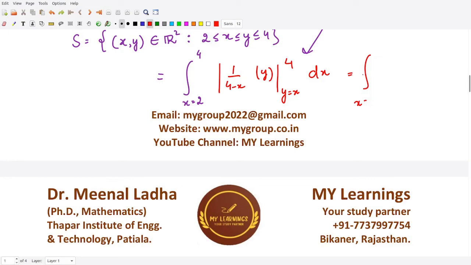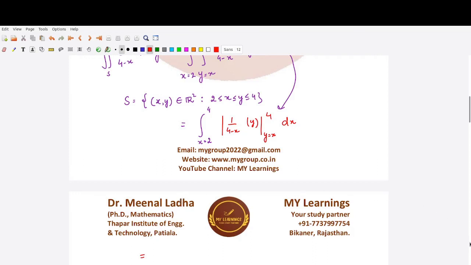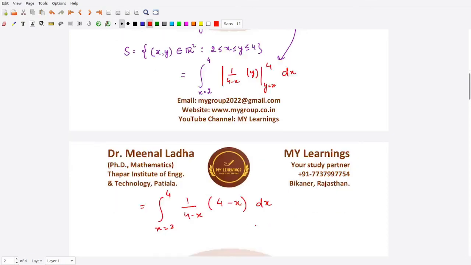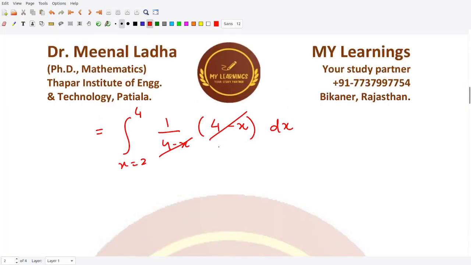Let me write it down here. It is equal to integration x varying from 2 to 4 of 1 by 4 minus x as such, the upper limit of y would be 4 and the lower limit would be x, and you have dx as such. So you see this upper and the lower function cancel out with each other, simple.